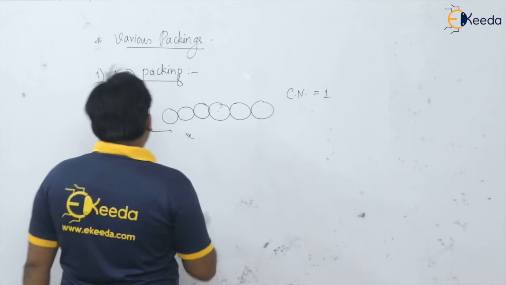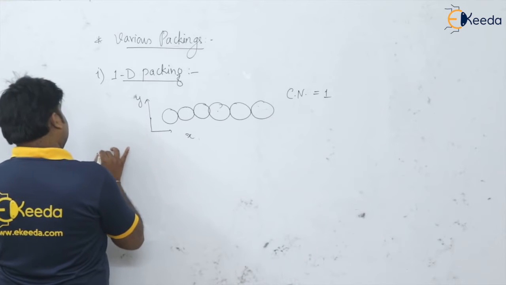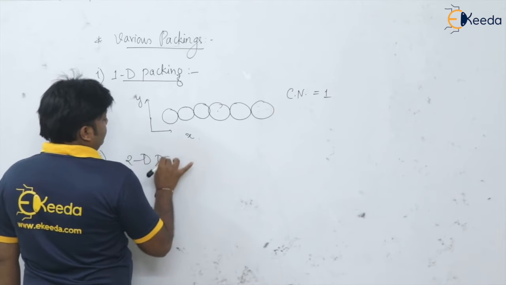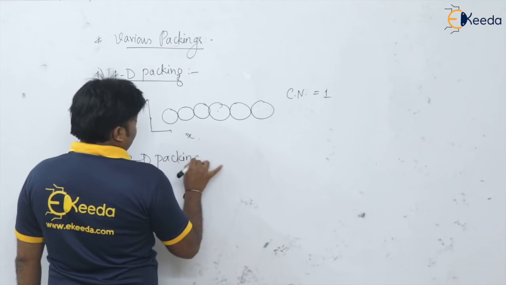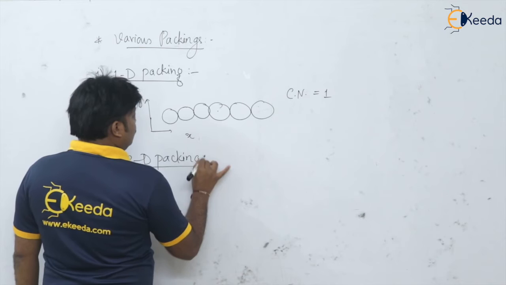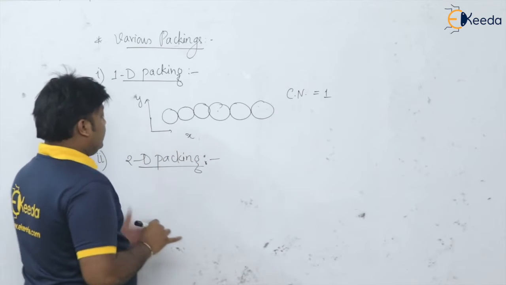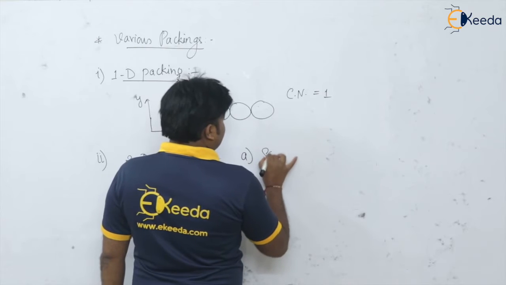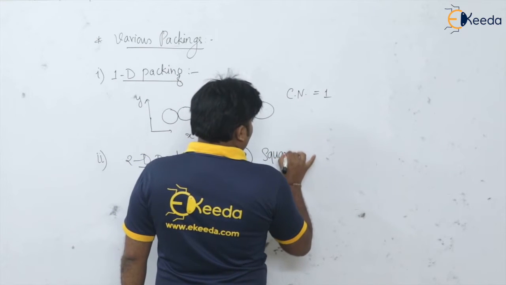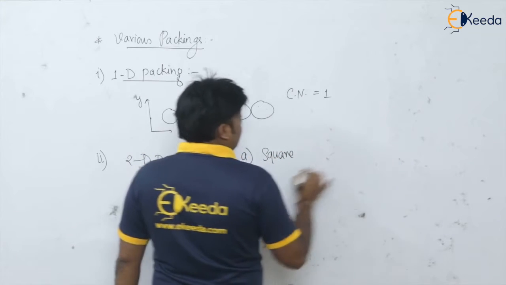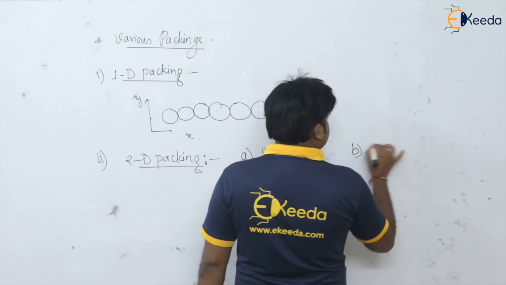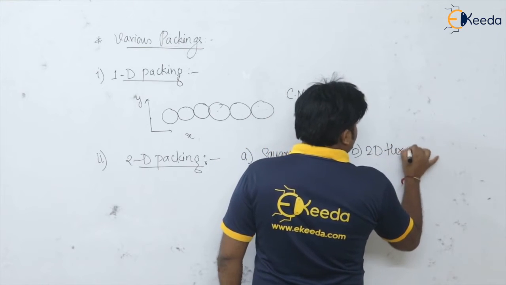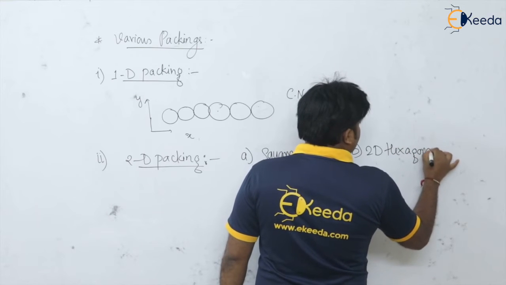Now, if I take the second packing, that is the two-dimensional packing. This two-dimensional packing has type A, that is two-dimensional square packing, and type B, the two-dimensional hexagonal packing.